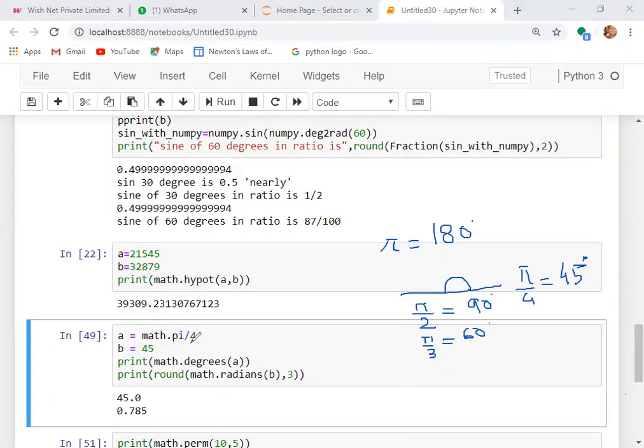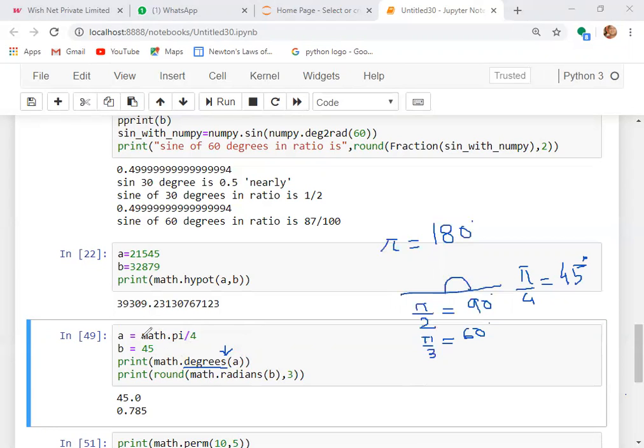Now you are trying to find out what will be, this is in radian. So math.degrees will convert the radian value to a degree value. Like math.radians, the S should be there, radians with S. Without the S, it will give you an error message. So math.radians converts degrees into radians. Similarly, math.degrees converts radians into degrees.